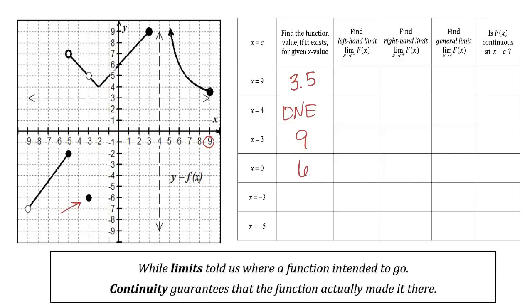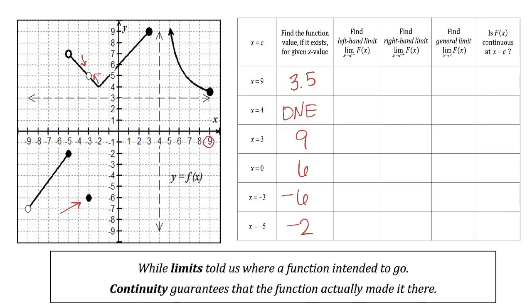Now we would look up here if we were talking about a limit value, but here we're talking about a for sure value, so we are looking down at the closed point, which is going to be negative 6. And when x equals negative 5, we're going to have a value of negative 2. So all of those, we are looking for those closed circles or for sure values on the function.